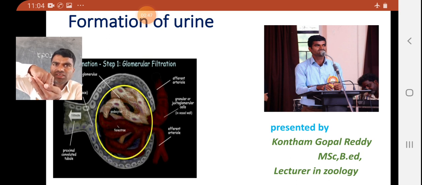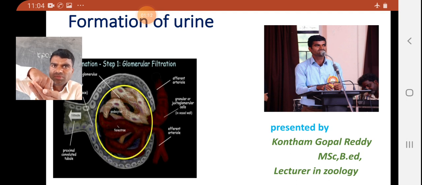Bowman's capsule contains layers of different types of cells, called podocytes, with fenestration slits. From these layers the H2O molecules are filtering. The H2O molecules we now call primary urine. So in this Bowman's capsule it is filtering.